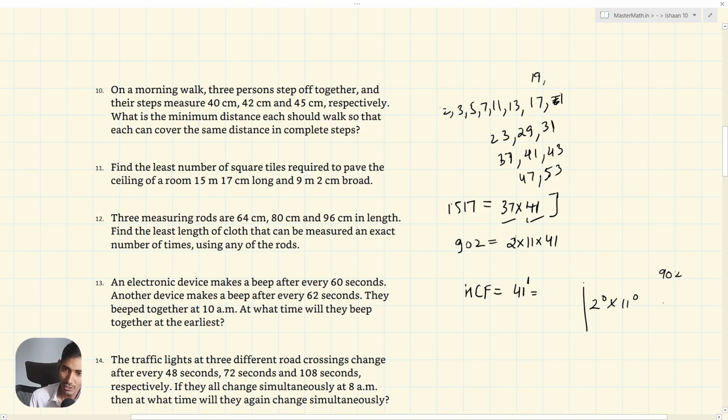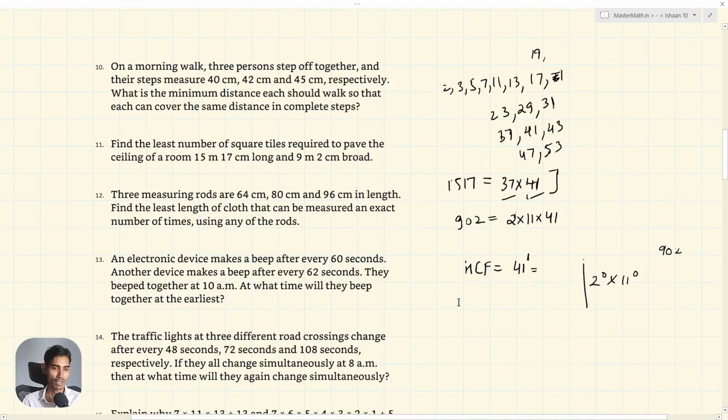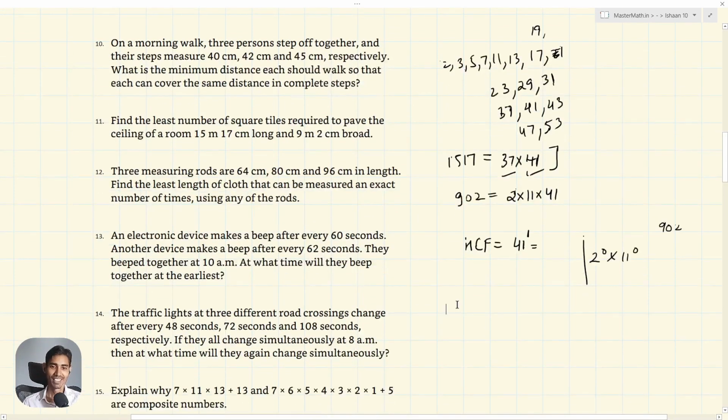You can just write it in your rough column, and from there directly write HCF is 41. Some might allow, some might not, so why take the risk? The examiner would see 2 power 0, 5 power 0, and it might not make sense, though it should.